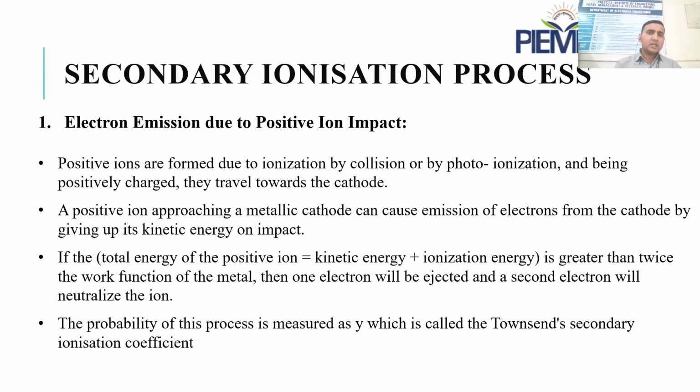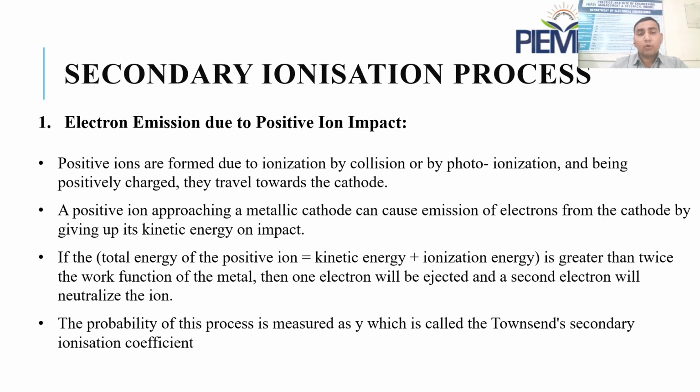In the cases where we are talking about ionization processes, this was a direct ionization process. Now we are talking about the secondary ionization processes, where electrons are ejected indirectly.